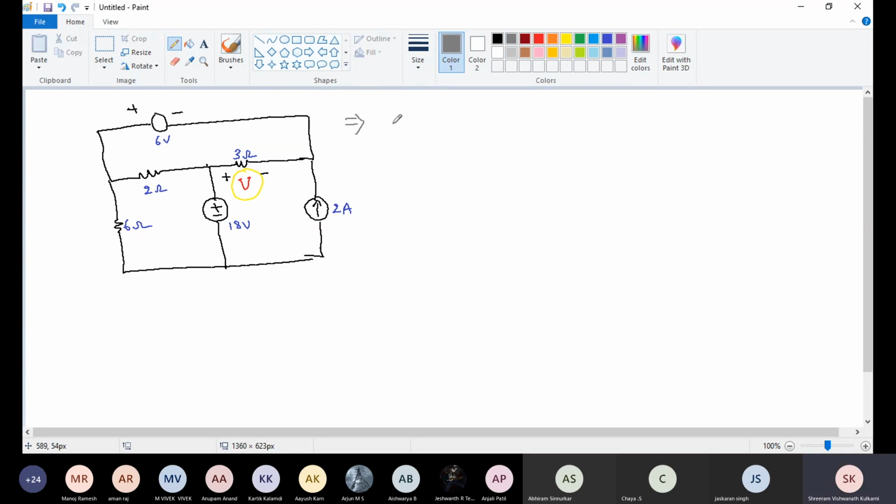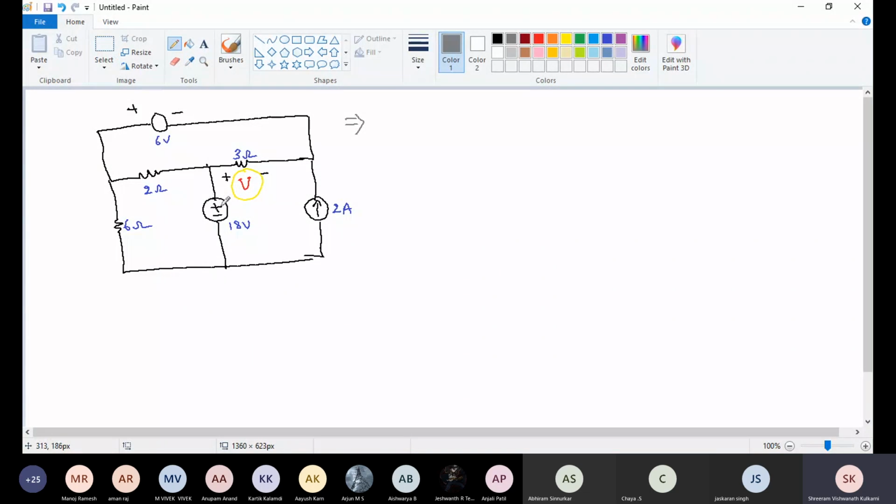Now, first step: select a single source acting alone, short the other voltage sources and open the current sources. If internal impedances are not known, as here in this circuit, the internal resistances of the voltage sources and the current source are not given.